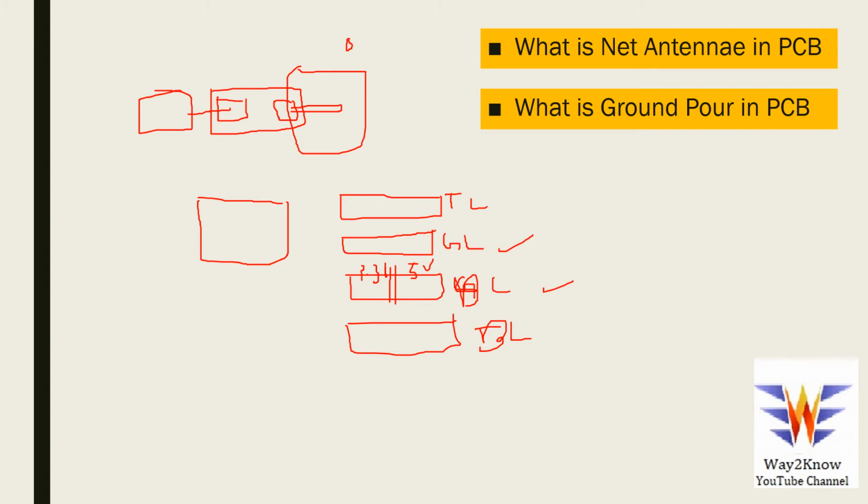Now let us assume a signal that is coming this way here, and then it is routed on the bottom layer. When it is routed, the signal is going this way, and then the return path will see this. So in this scenario, you see that there is a plane split.